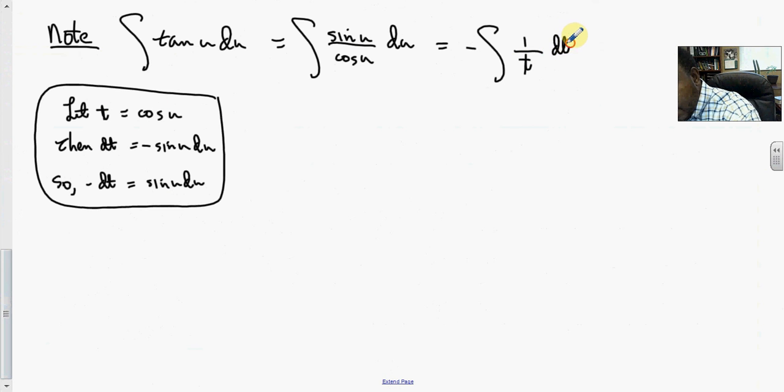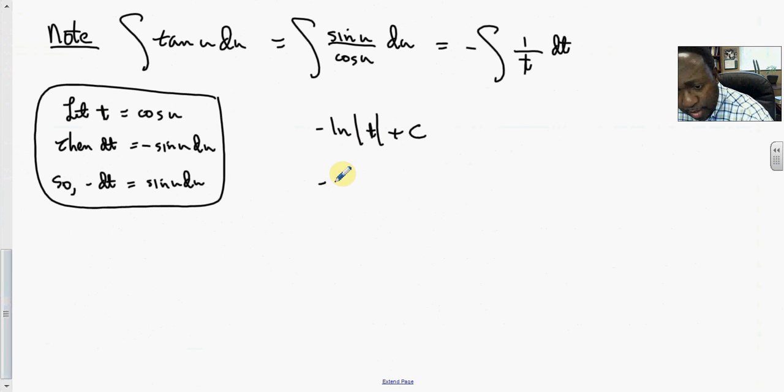And the negative dt represents sine u du. So according to the theorem above, the integral of 1 over x dx is the natural log of the absolute value of x. Well, here it's t. So here we have negative times the natural log of the absolute value of t plus c. But t is cosine.